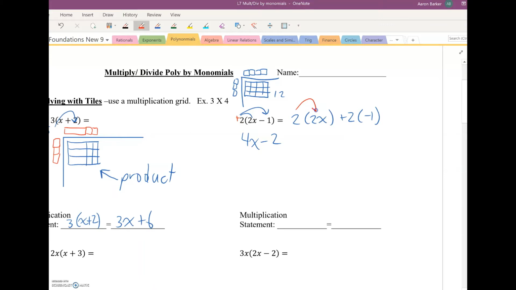So you'd multiply and you would multiply. And you get to the exact same answer of 4x minus 2. Okay, so multiplication statement then will again be your factors, 2x minus 1 equals your product of 4x minus 2. So again, these are your factors. And this here is your product.